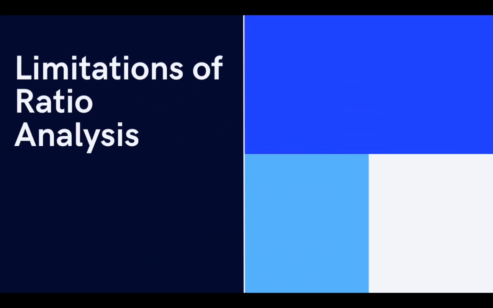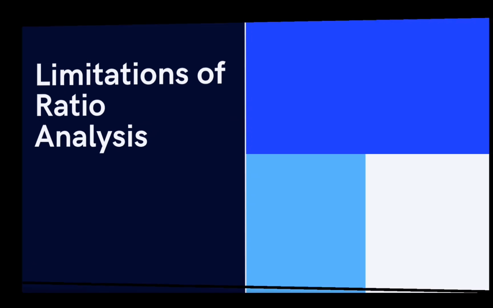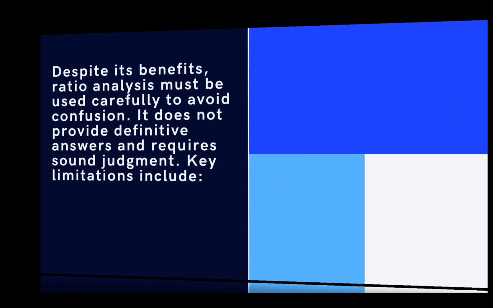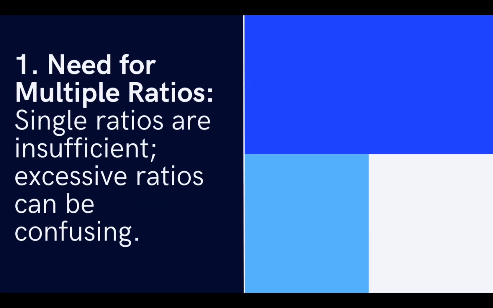Also, along with the objectives and advantages, ratio analysis also has some limitations. What are they? We can see. The very first thing is, we need to know multiple ratios. See, one single formula can't do the whole business. If you want to know different things, we should learn different ratios by heart. When you come to the practical part, you will understand that.